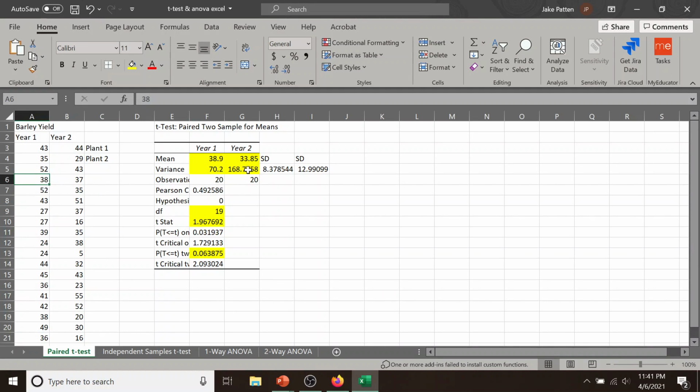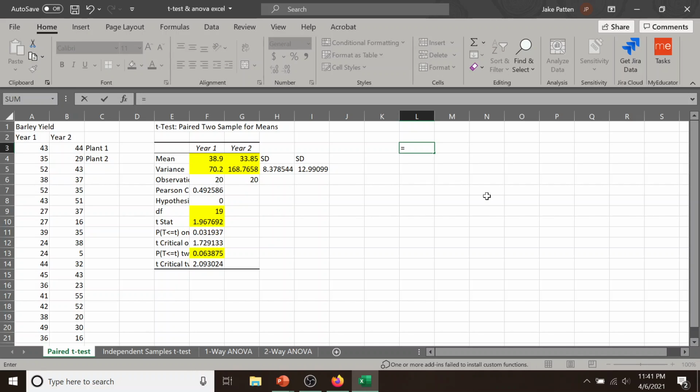And here's our paired samples t-test. So if you are making a calculator, what you want to do is find the difference scores first. So you're going to make a new column. You can call it diffs. And you're just going to say equals, because you're going to have a mathematical operation here, B3 minus A3.